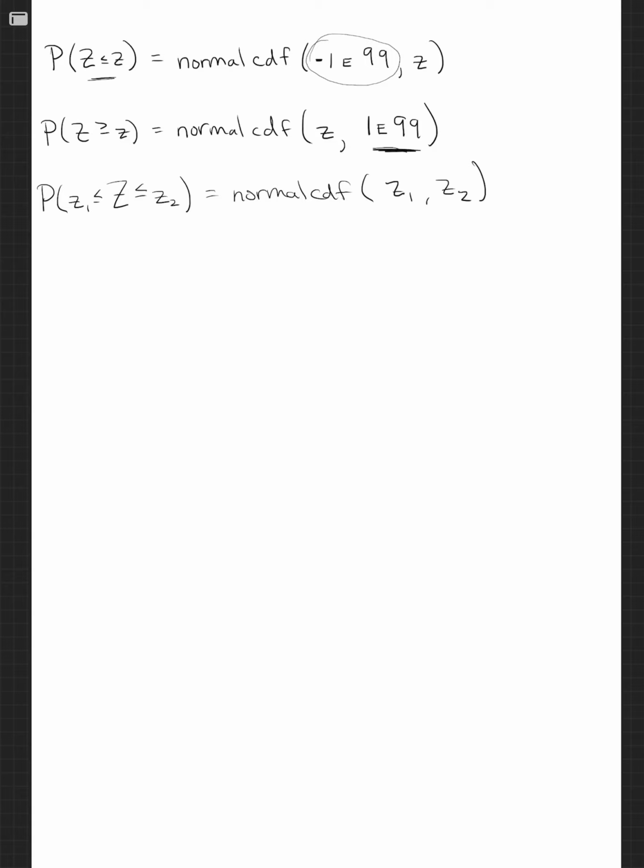So, yeah, there's not a whole lot I can do without my calculator working. Maybe, let's say, we want to find the probability that x is less than 20 if x is a normal distribution with 30 mean and 10 standard deviation.